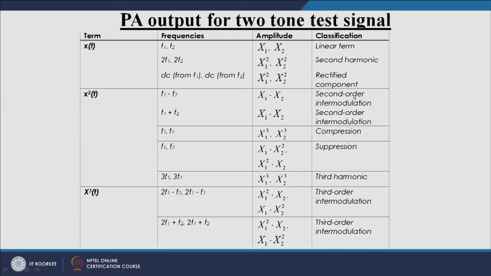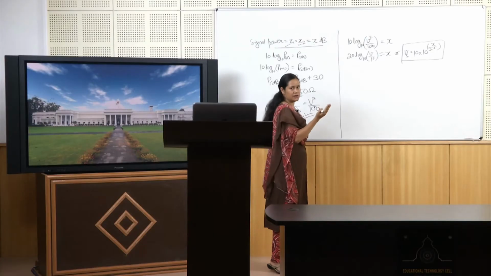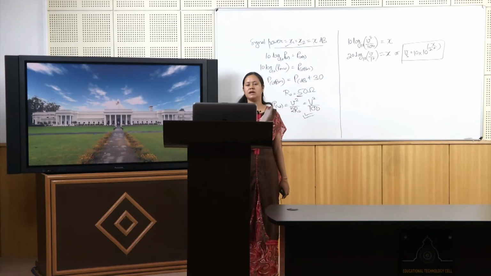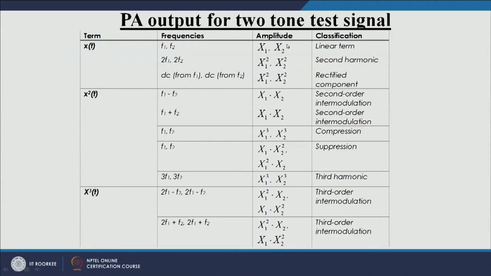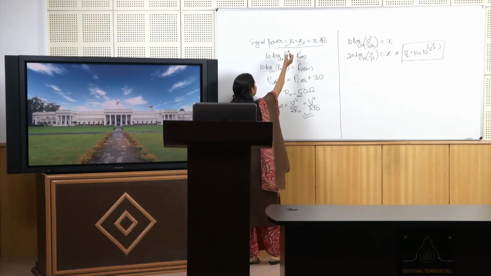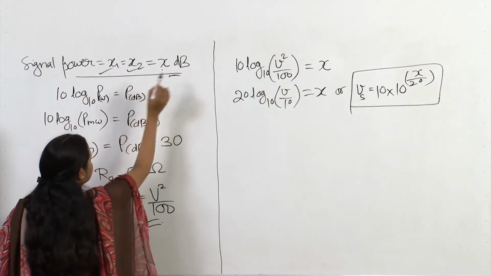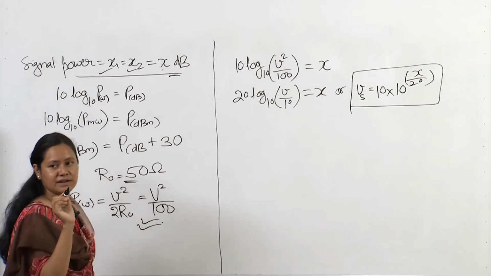So, for any kind of second order intermodulation, we can say that our voltage is becoming double. Please keep in mind, in this table, this x represents your values in voltage, in amplitude. In my assumption, this x1 x2 I am representing power. So, please bear that in mind.